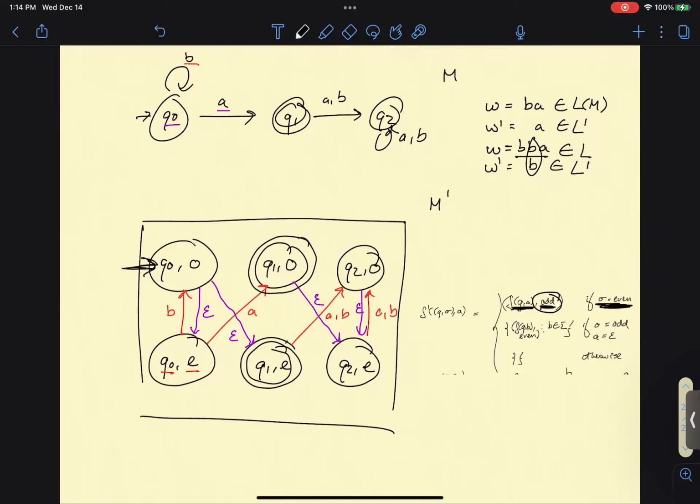So I think, if we hadn't made this the final state, would this have still worked for BA? No, right. I guess you need both of them.